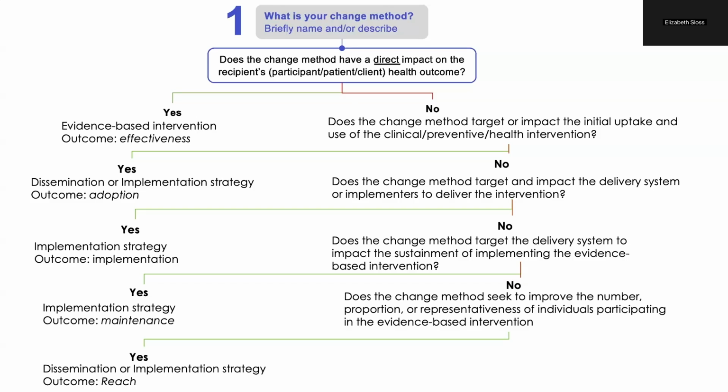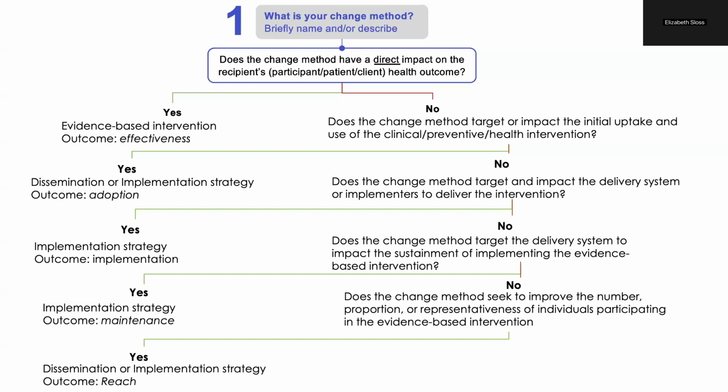Then we would say, okay, if you say yes, we really want to try and improve the adoption of this particular program at a setting level, then you're using a dissemination or implementation strategy. One thing we wanted to point out today is that the term implementation strategy is kind of loose.